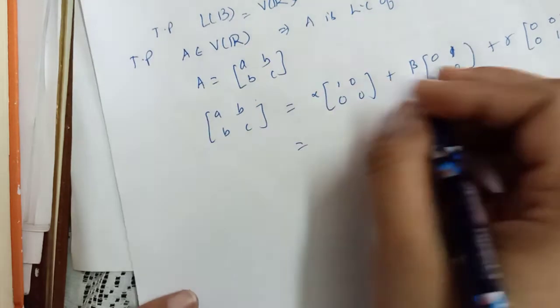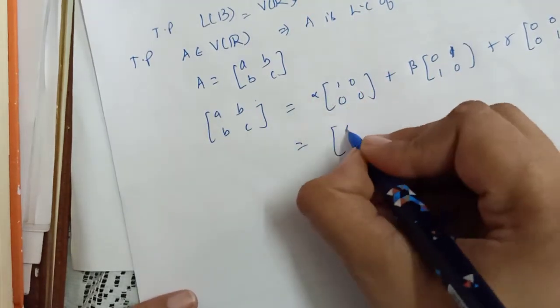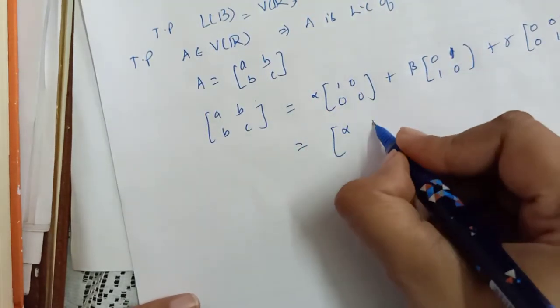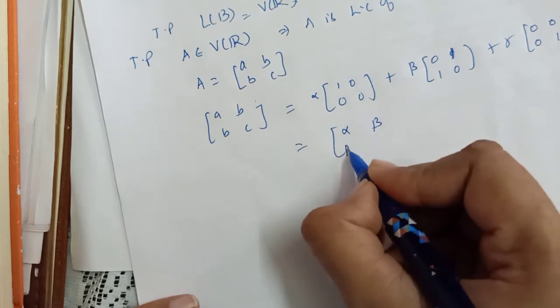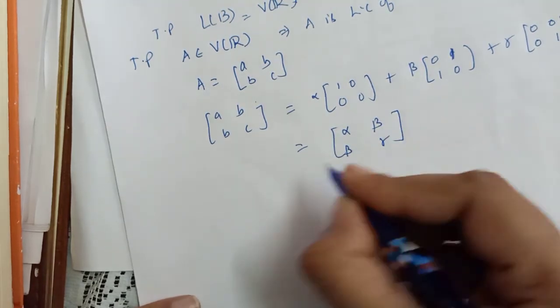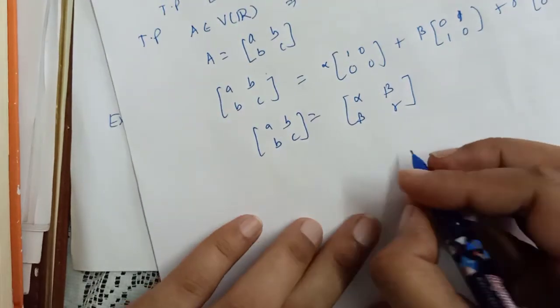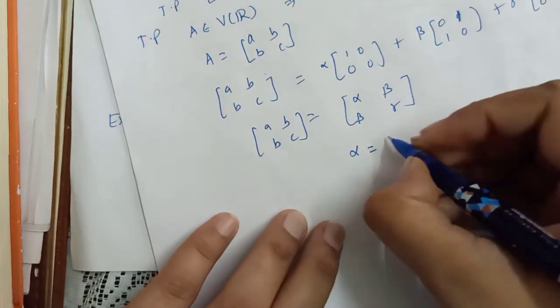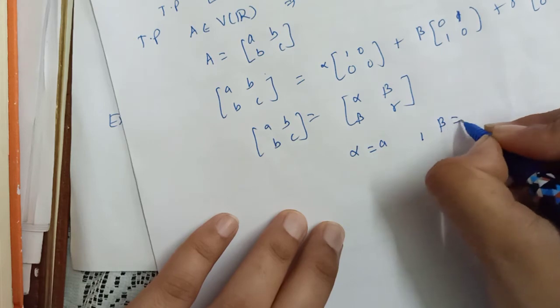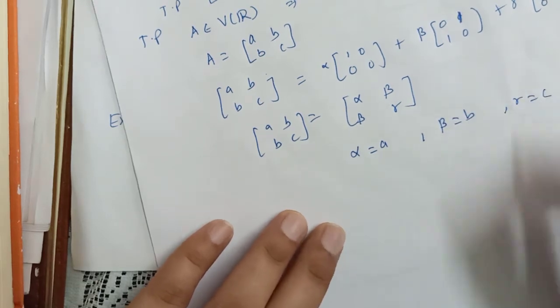Now again add these. This will be alpha, added to this will be beta and beta here, and then added to this will be gamma. Now compare, you can easily find the values: alpha will be equal to A, beta will be equal to B, and gamma will be equal to C.